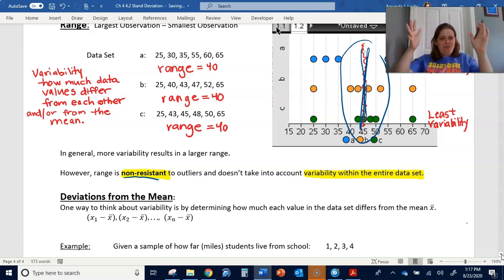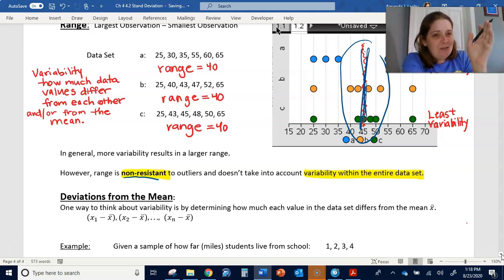It's very affected by outside values. If we were to add another high value, the range would increase. If we added a low value, the range would decrease. So we want to center ourselves in the middle, which is why sometimes we would use the interquartile range. The interquartile range gives us a measure around the median, though. So how do I talk about it in terms of the mean?